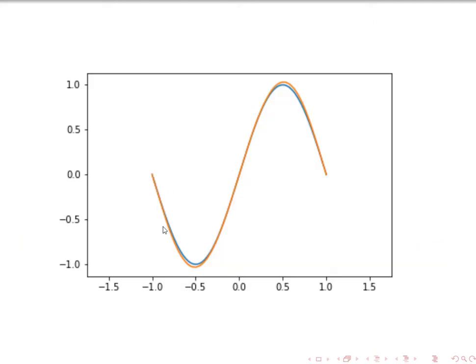I can graph both of these. The blue one is the original function. The orange one is my interpolating polynomial. Notice it's a little bit off at like 0.5, okay, and at -0.5, but it's just pretty tight everywhere else.